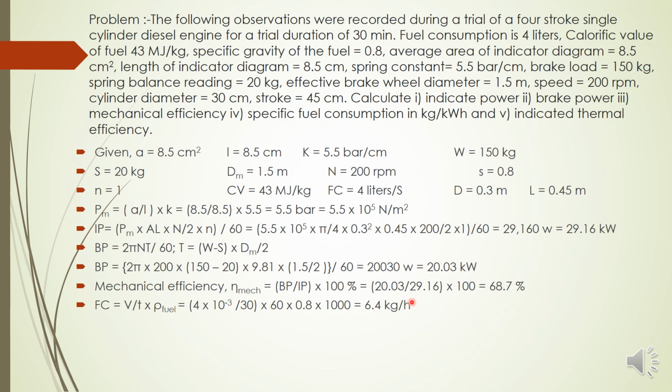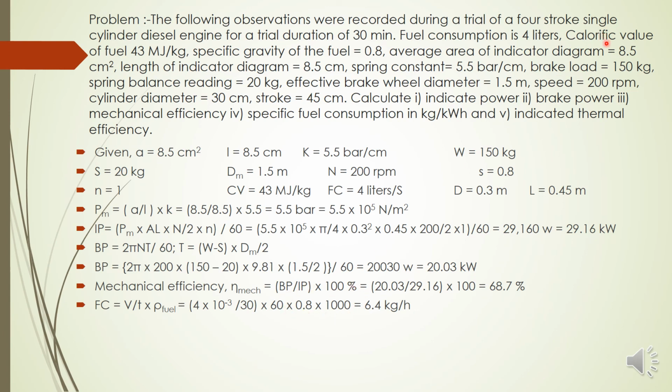And we are expressing it in hour, so again we have to multiply by 60. This is because fuel consumption is normally expressed in kilogram per hour. So into 60. Now this is volume flow rate. To convert that into mass flow rate, we have to multiply by density. So what is the density of this fuel?